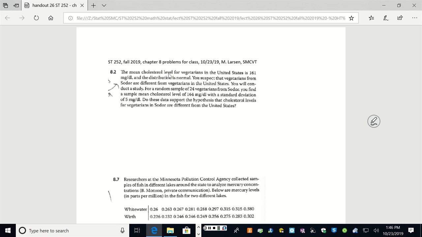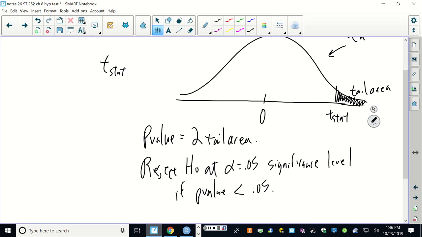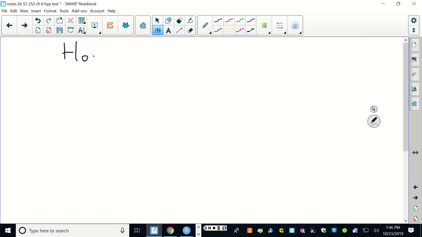Right, so we want to do this test. So what's our null hypothesis? 161. In the United States, we know it's 161, right? So we're going to say, is Sodor the same as what we know? So in this one, the null hypothesis is that the mean is 161 milligrams per deciliter, same as US.